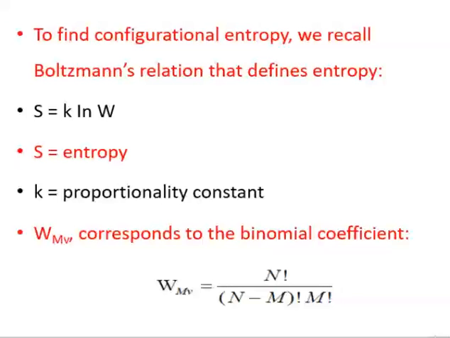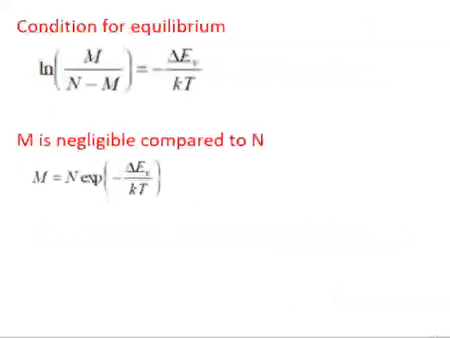And if you want to calculate this W, we use this binomial function, which says W subscript MV is equal to n factorial all over n minus m factorial, then m factorial.